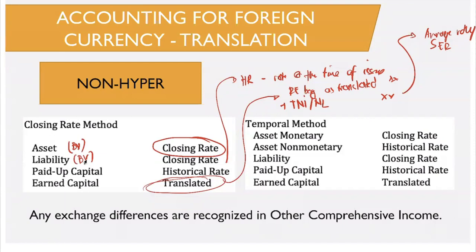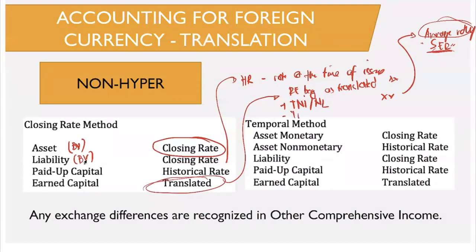So what we normally do is use the average rate during the year to translate our net income or net loss. But if we can specifically look into the rate at the time of the transaction, we use the spot exchange rate. So the general rule: translated net income or net loss uses the average rate.